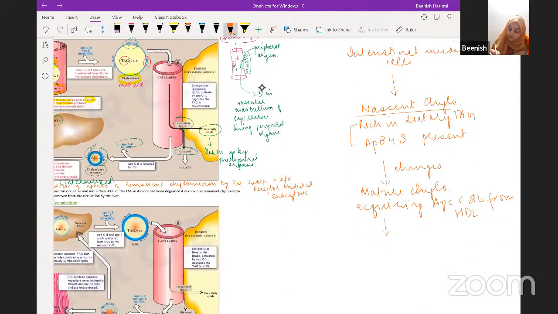Now this mature chylomicron is going to circulate through capillaries lining peripheral organs.